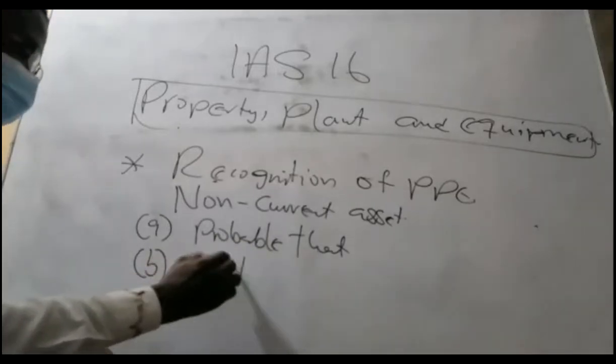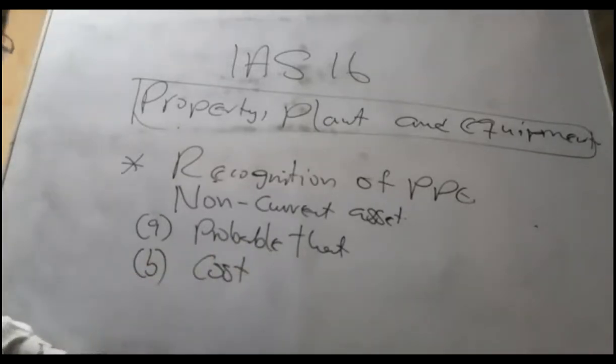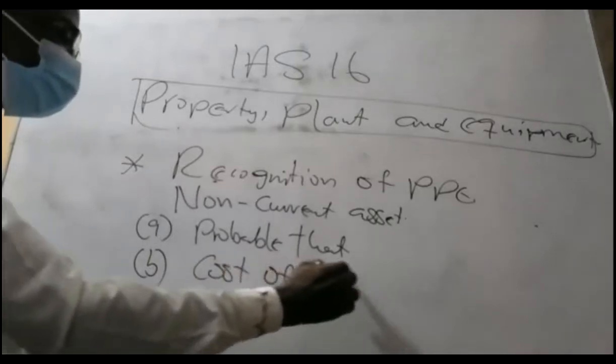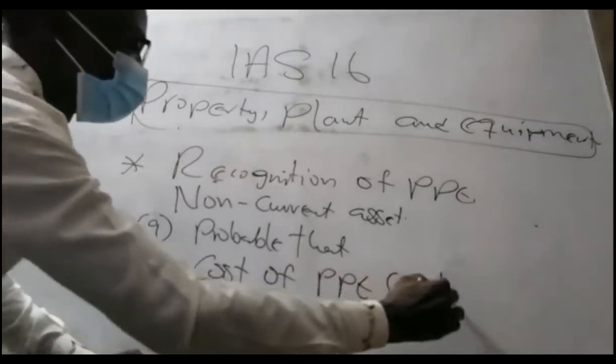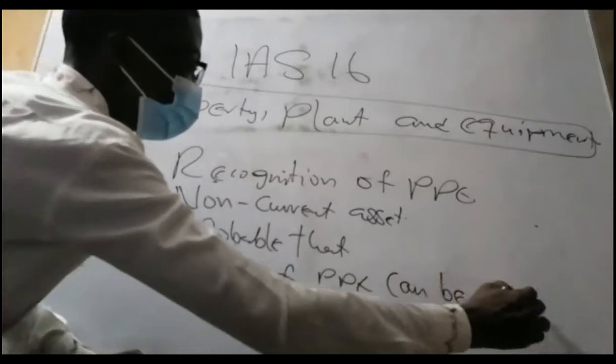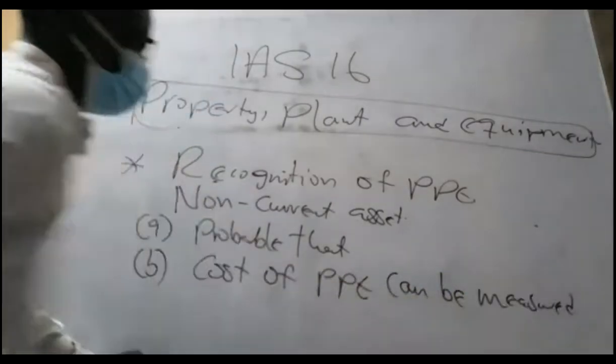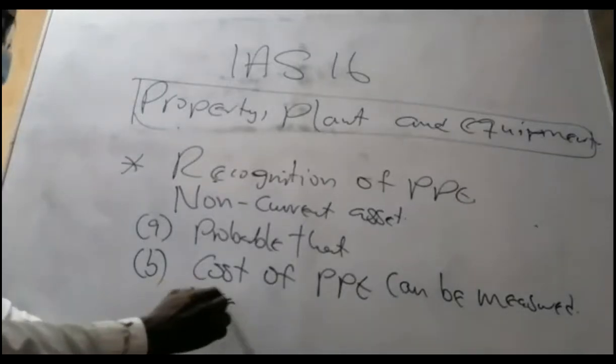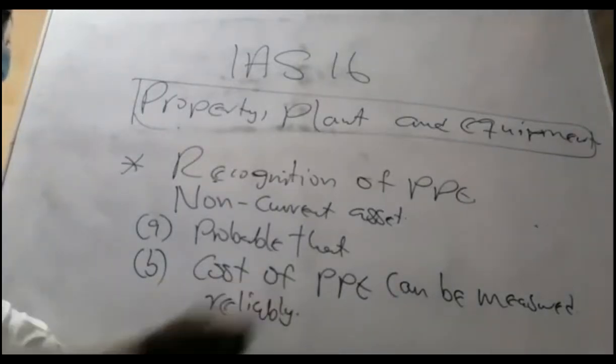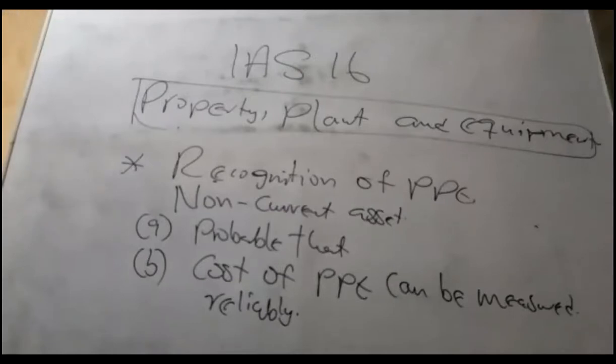So, the cost of the PPE can be measured reliably. Self-constructed assets should not be recorded in the books. Good. So that is it. Now, probable future economic benefits.